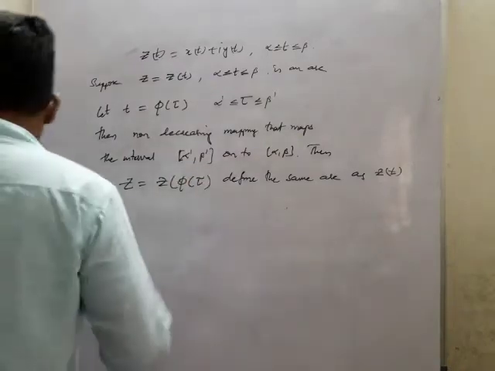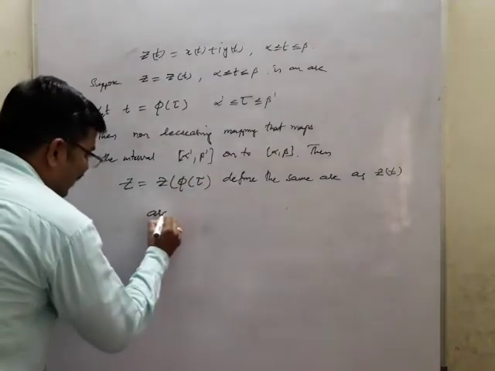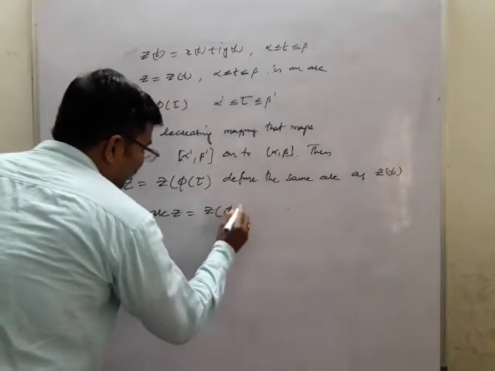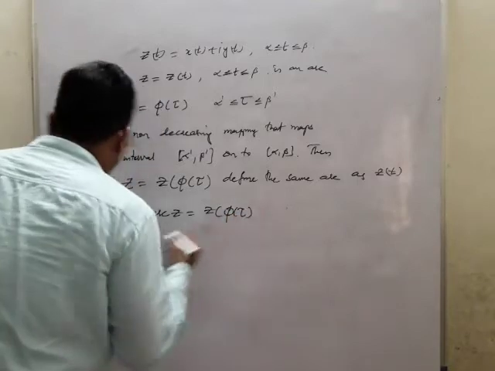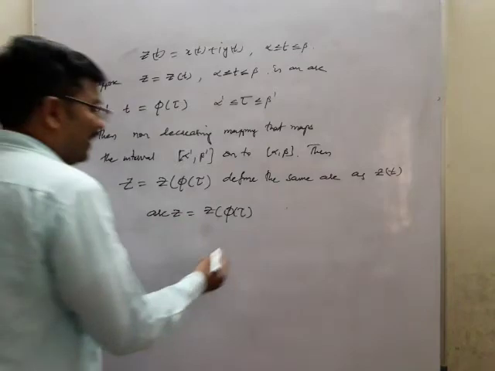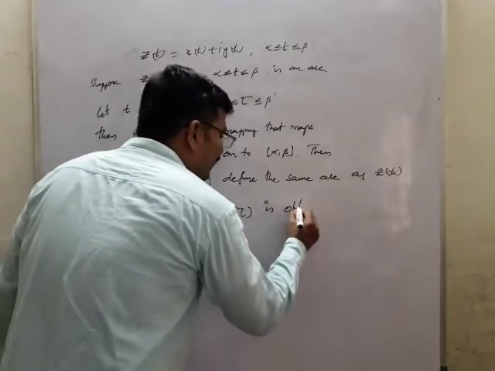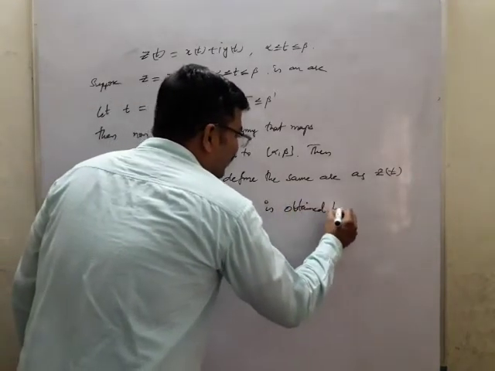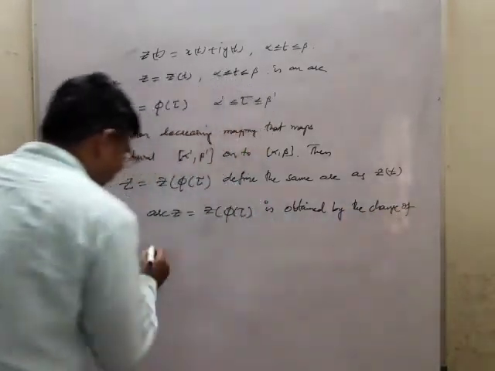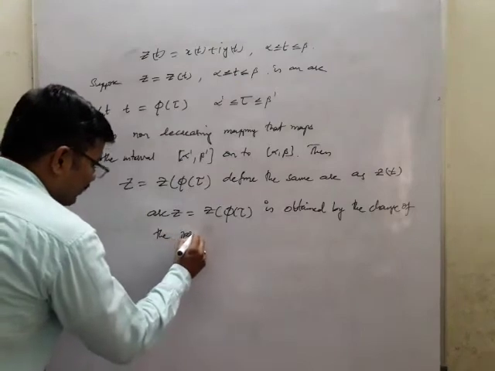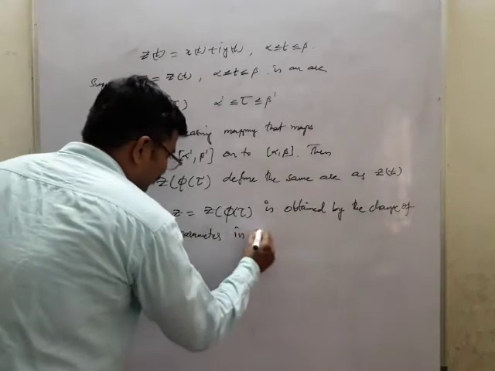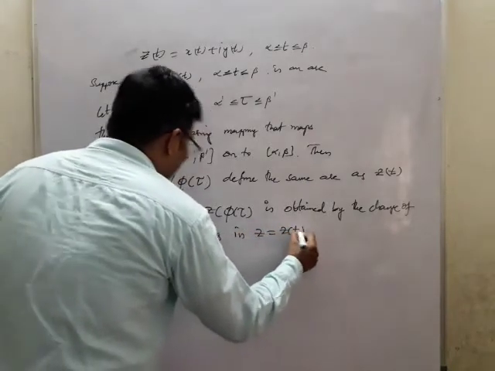In this case, we can write that the arc z is equal to z of phi of tau, and is obtained by the change of the parameter in z is equal to z of t.